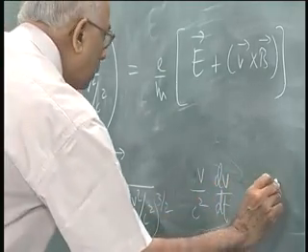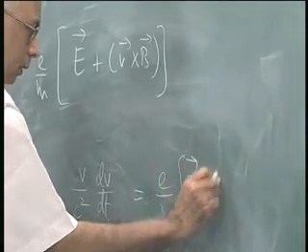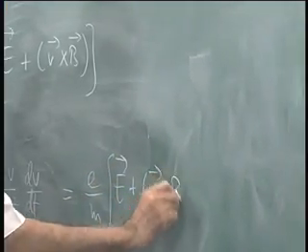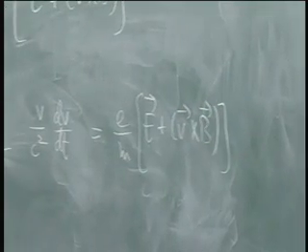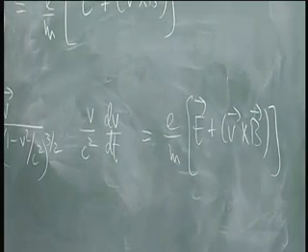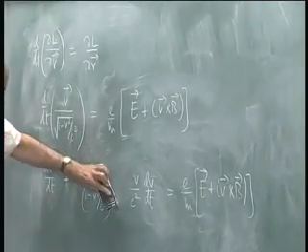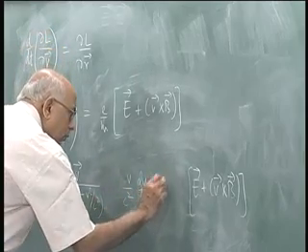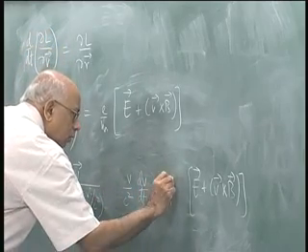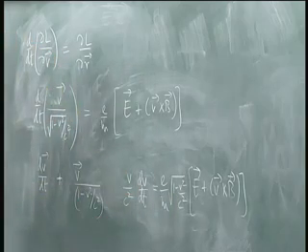This is equal to e over m times E plus v cross B, and let us multiply through by the square root. So this becomes just this factor here, and then this is equal to e over m times the square root of 1 minus v squared over c squared times that.